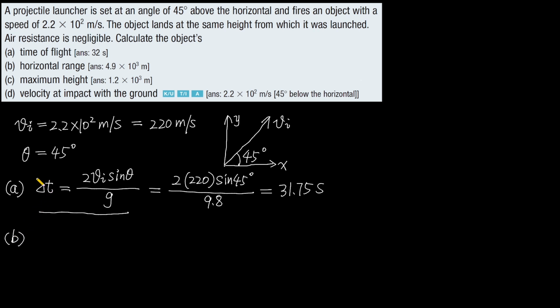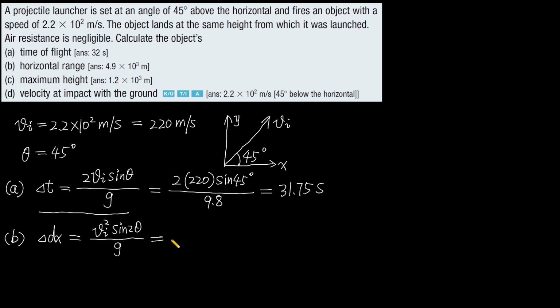And B, the horizontal range. From the previous video, we already know that for such a situation, its horizontal range, also called its horizontal displacement, just equals the initial velocity squared multiplied by sine 2 theta divided by the acceleration g.